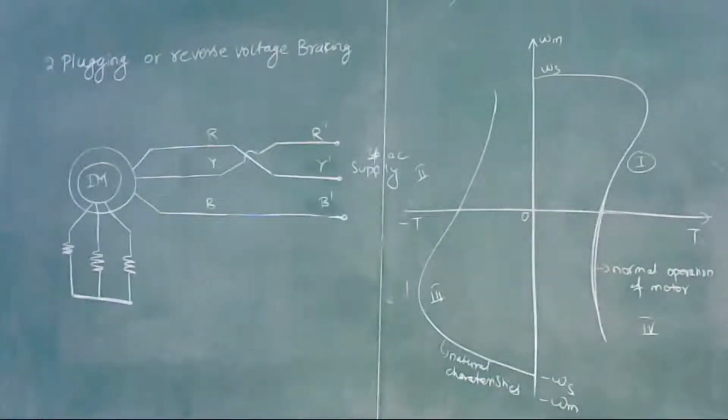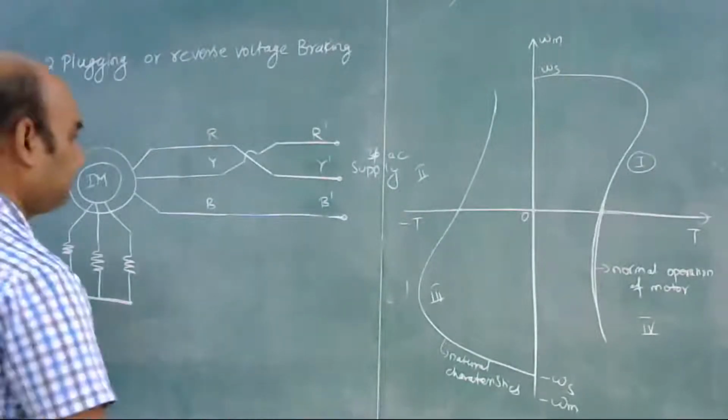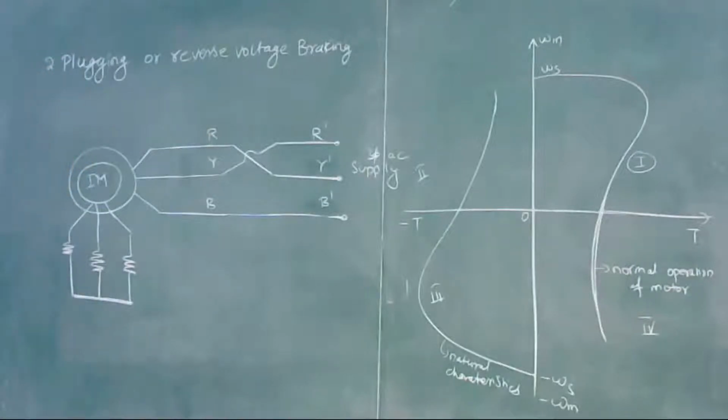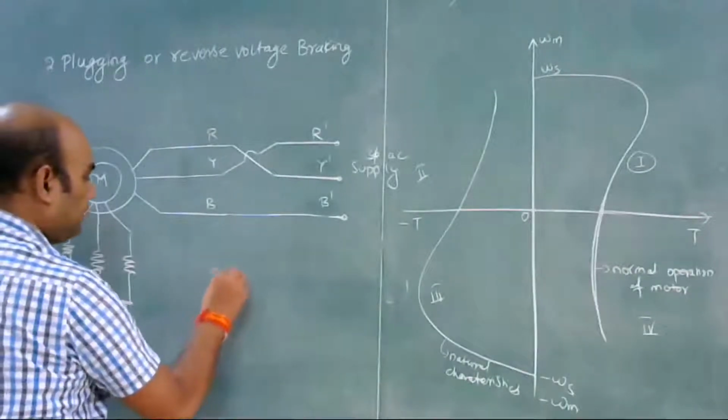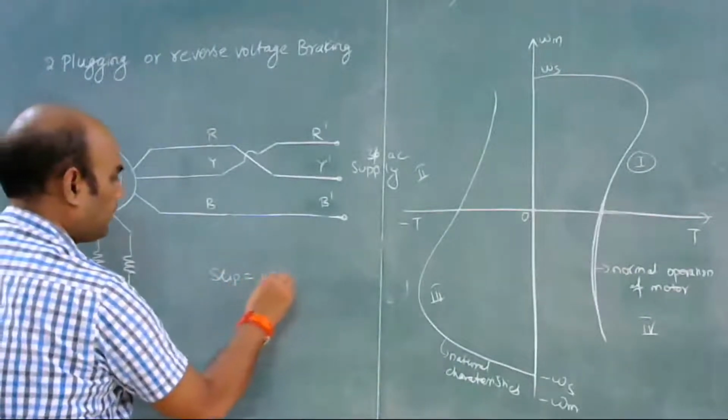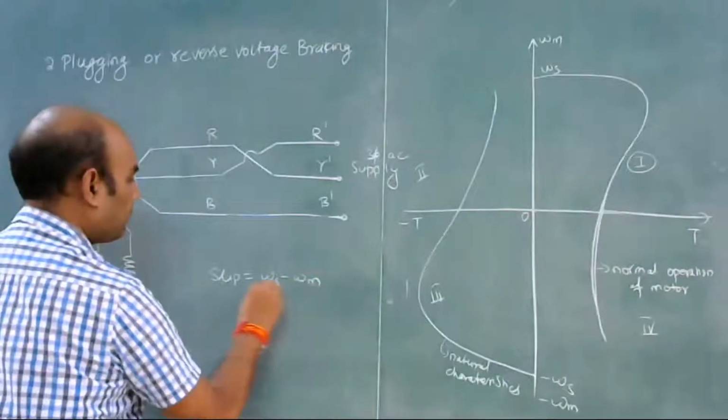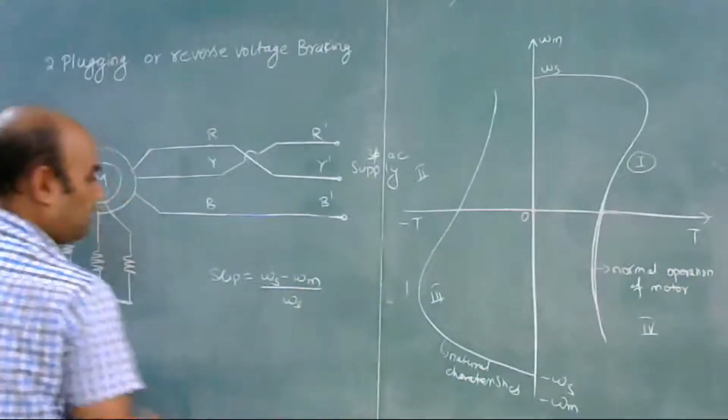So we have inserted this resistance to the rotor with the help of squirrel cage. Now slip will also change, as slip is equal to (omega s minus omega m) divided by omega s.